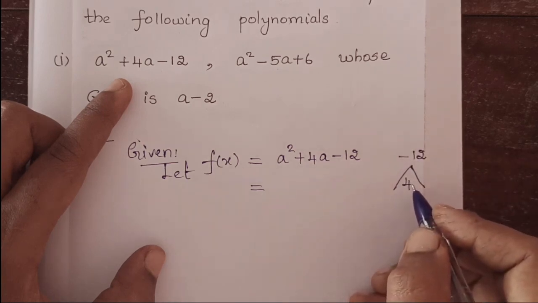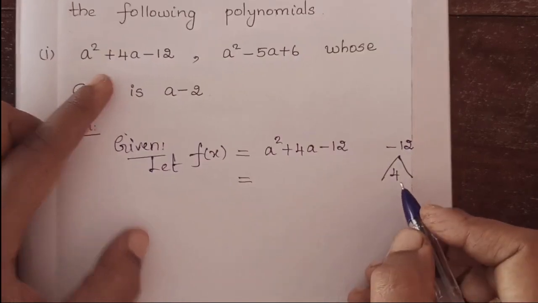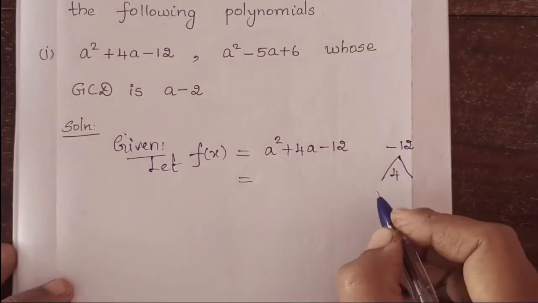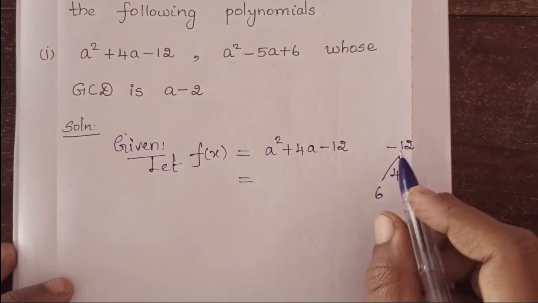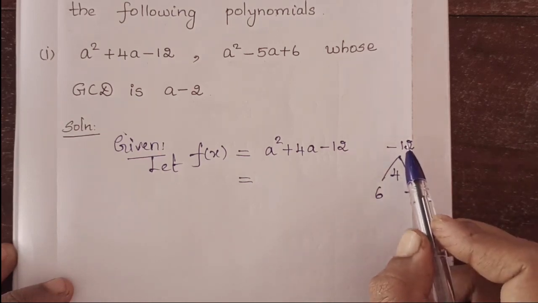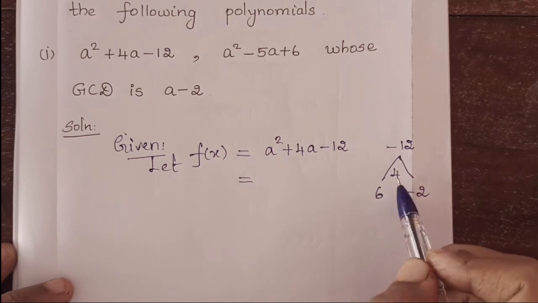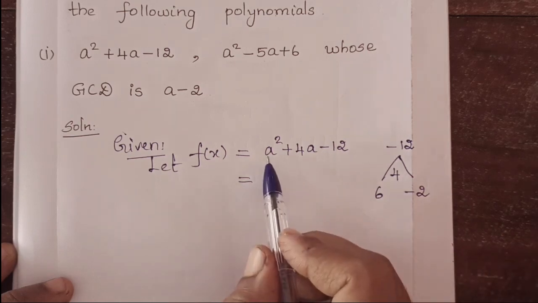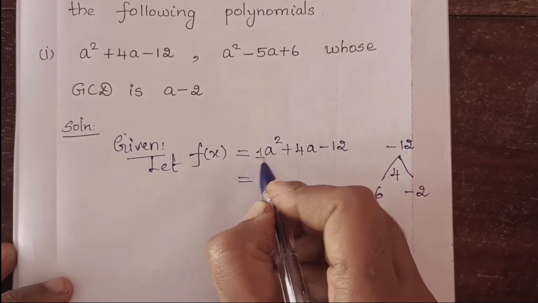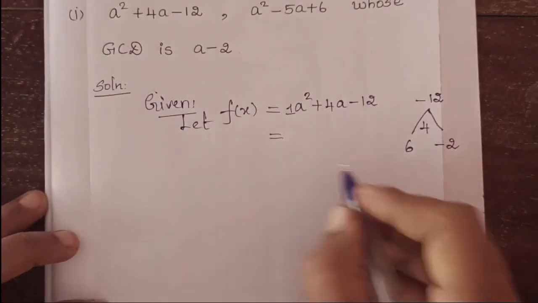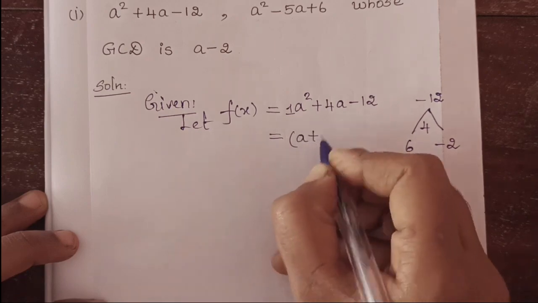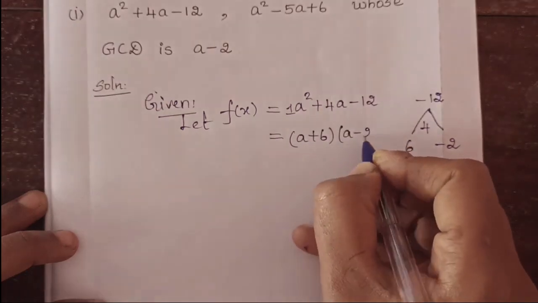Can you guess the possibilities? 6 and minus 2. Is it right? 6 twos are 12, that is 6 into minus 2, that is minus 12. And 6 minus 2, that is 4. Since it is a single variable, we can write the factors straightaway. That means a plus 6 into a minus 2.